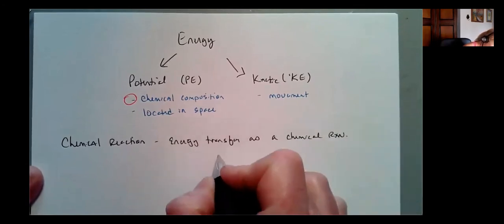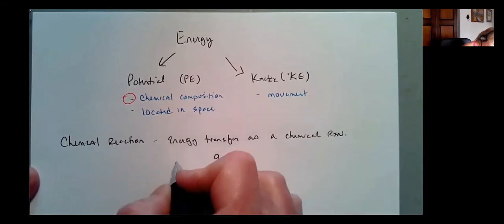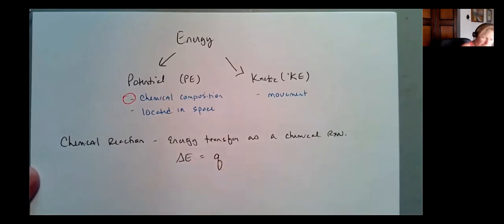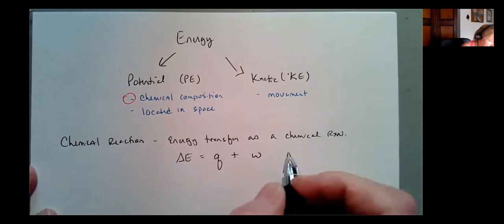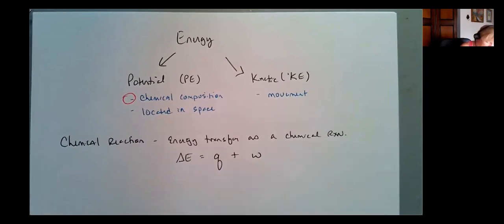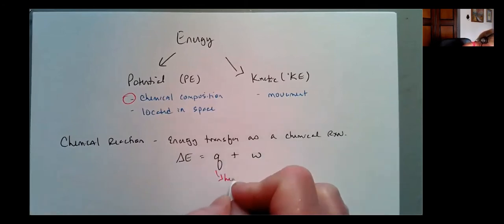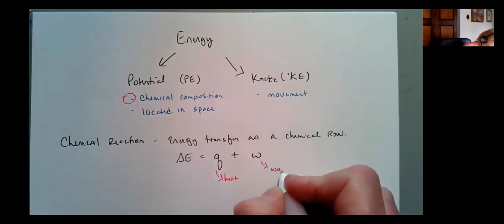And we said we could define the change in internal energy of the system as Q plus W, where Q is heat and W is work.